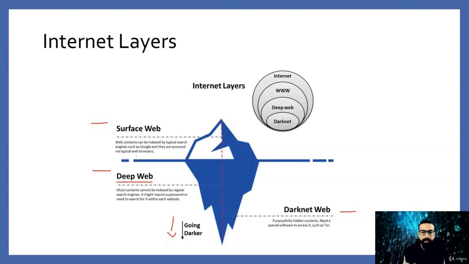If I define the deep web, it is accessible by password, encryption, or special permission or gateway software. Some parts of the deep web can be indexed by regular search engines, but most of the content cannot, and you need to get into the particular website or service to explore it.